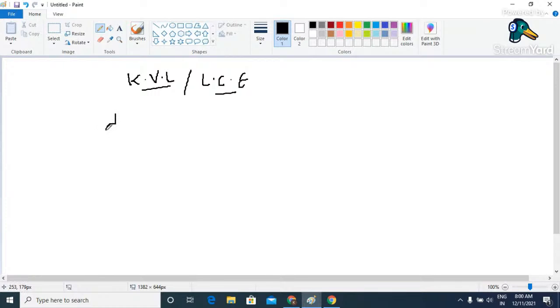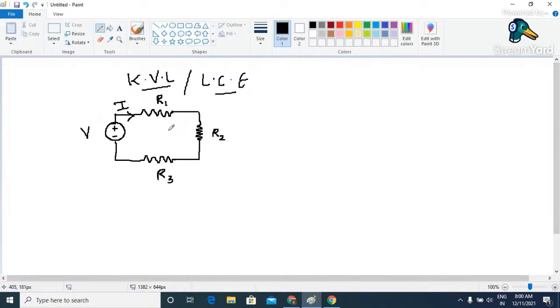For example, if you have a simple circuit like this, in which I have connected some elements like this, let us consider that the magnitude of this voltage source is V, and the magnitudes of these elements are R1, R2, and R3, and let us consider that the value of current flowing through the circuit is I in the clockwise direction.